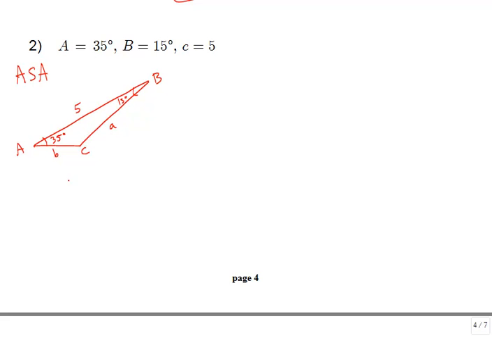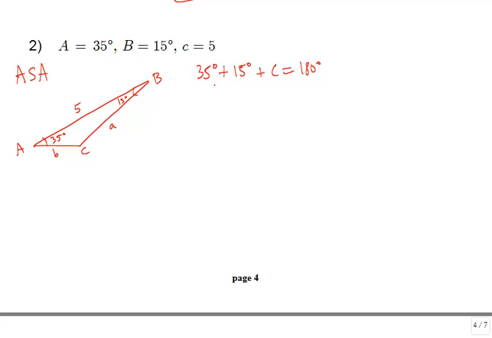If we have two angles, you automatically have to know what the third angle is because all three angles have to add to 180. So again, 35 degrees plus 15 degrees plus angle C has to add to 180 degrees.